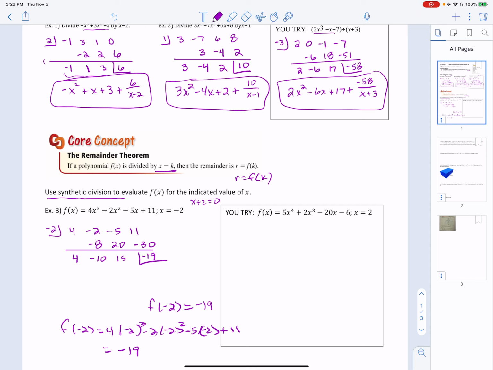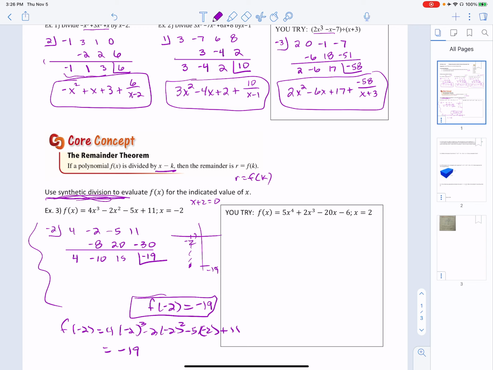So it also means that if I am graphing this, when I put in that negative 2, the output is negative 19. So it is the distance that point is from the x-axis. So some connections to make that way. But when they say use synthetic division to evaluate, you have to show this process and then you state your answer. f of negative 2 is negative 19.